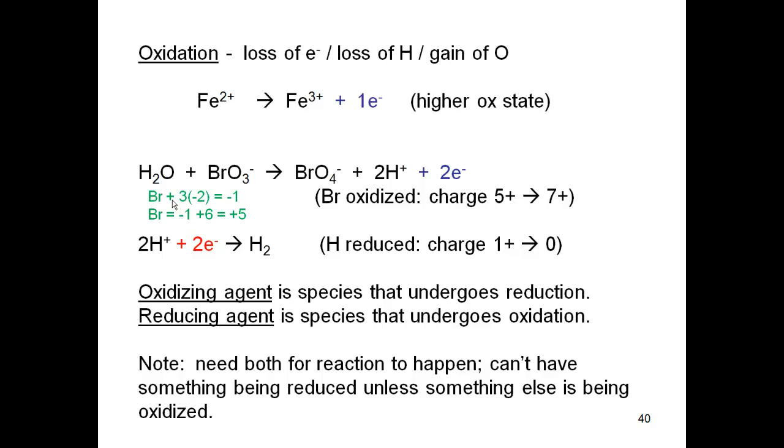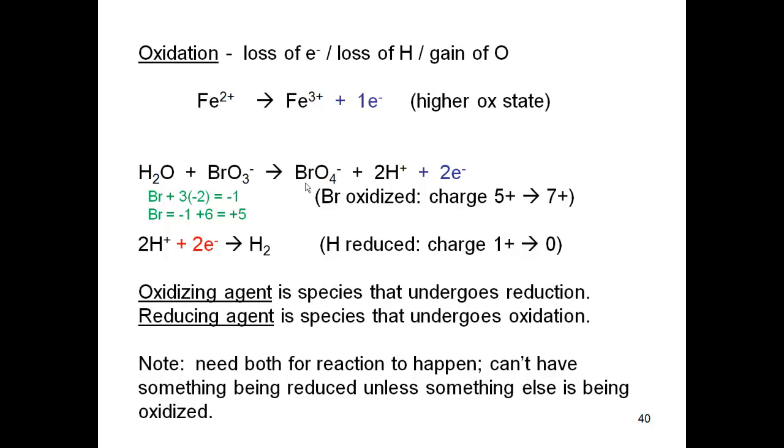So arithmetic-wise, I got bromine + 3 oxygens times a -2 is equal to a -1. I take that -6, I'm going to add 6 to both sides to get it to cancel out. So I get -1 + 6, that gives me a +5. So this bromine here has a +5 charge.